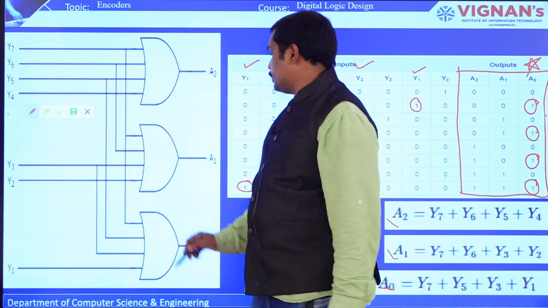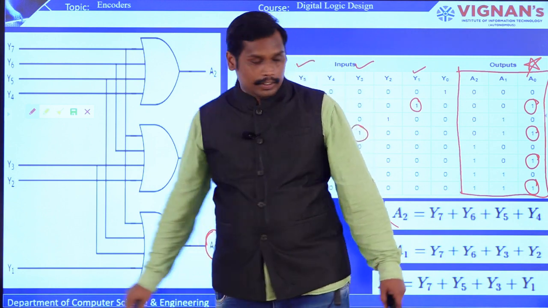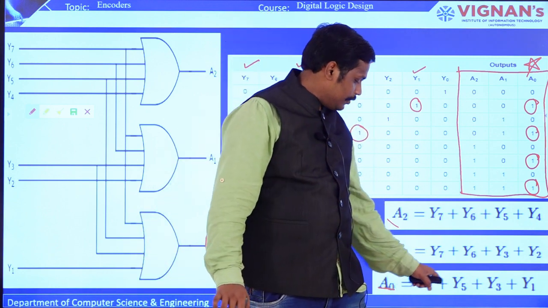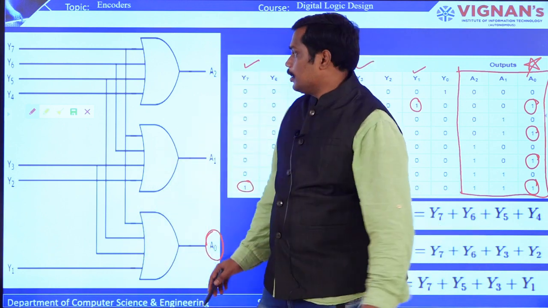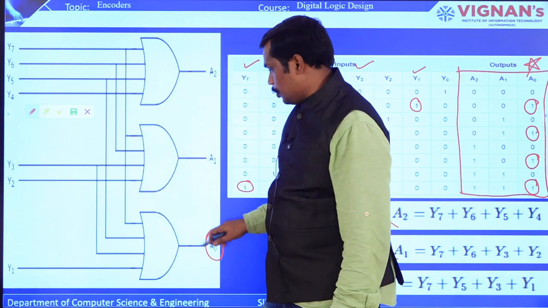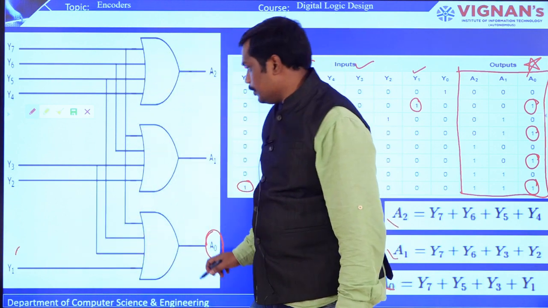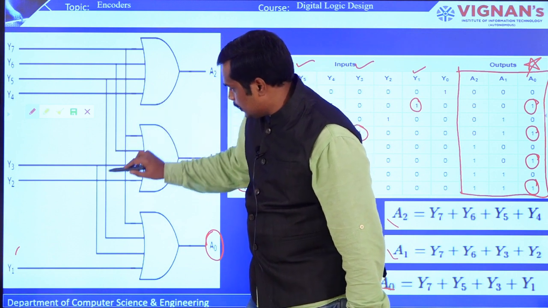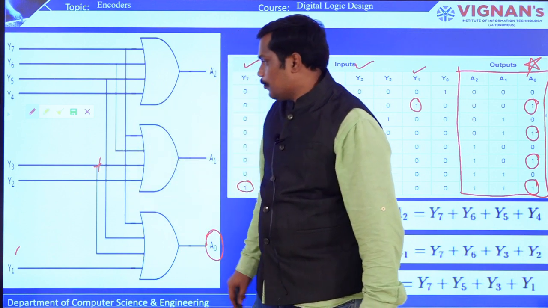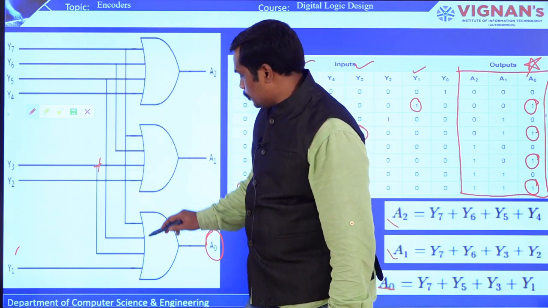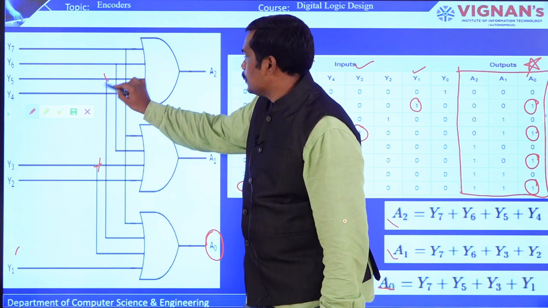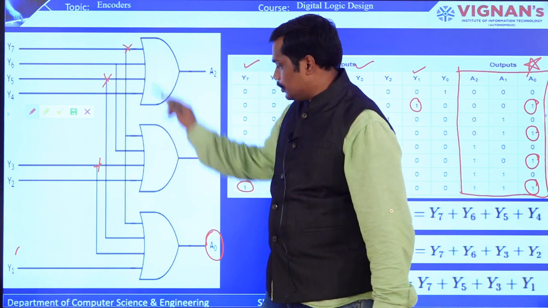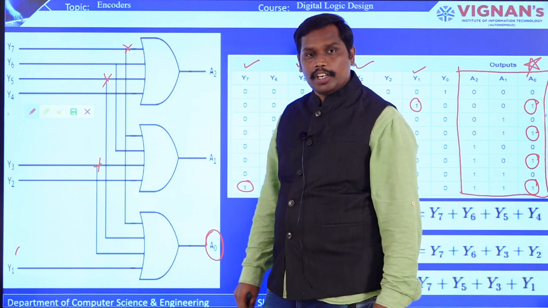In this circuit, you can see that A0 is a combination of Y7, Y5, Y3, and Y1. So you derive A0 from Y1, then a connection from Y3, then from Y5 also, and finally Y7. So this is how you have the circuit diagram for A0.